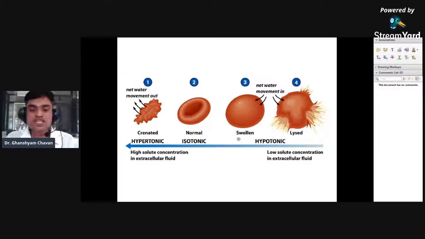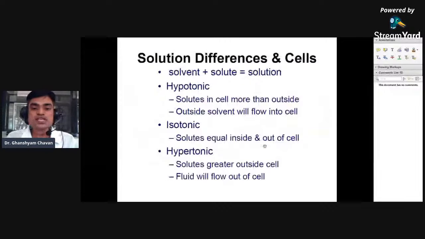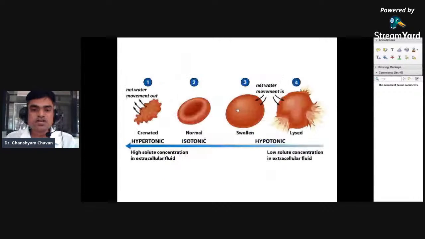In the case of the hypotonic solution, solutes in the cell are more than outside. Inside the cell there are more solutes, and outside solvent will flow into the cell. So whatever is outside will go inside, and the RBC will swell.